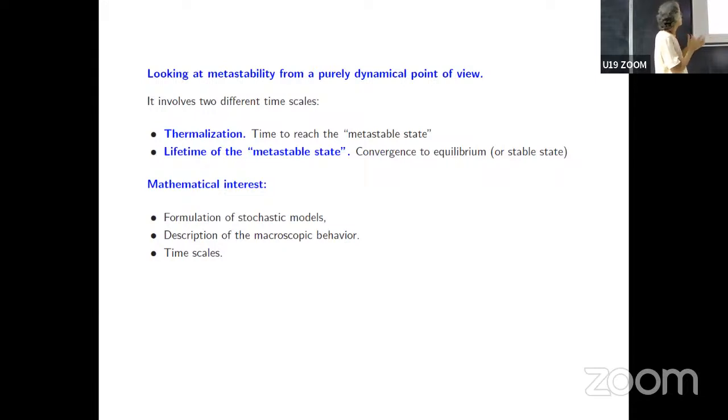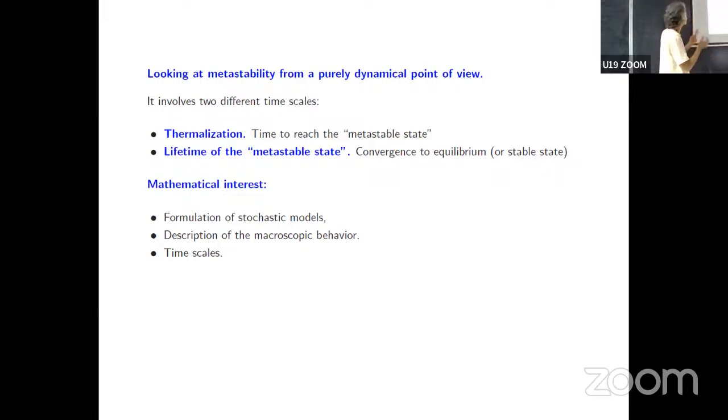And you would characterize metastability, imagining that there are two scales: a much shorter scale in which the system thermalizes, but the state which it reaches is not truly equilibrium, yet it stays there for a very long time, and then it moves to equilibrium.